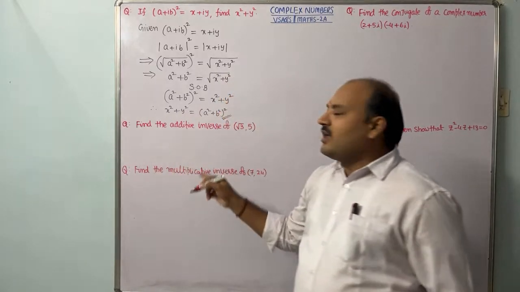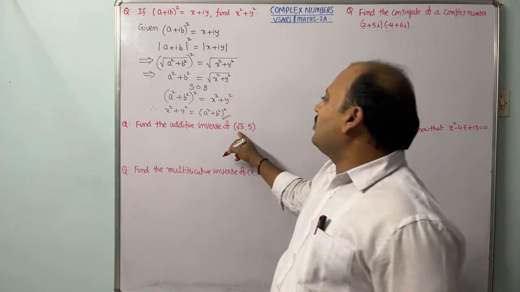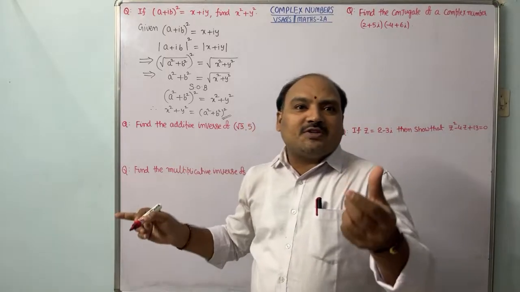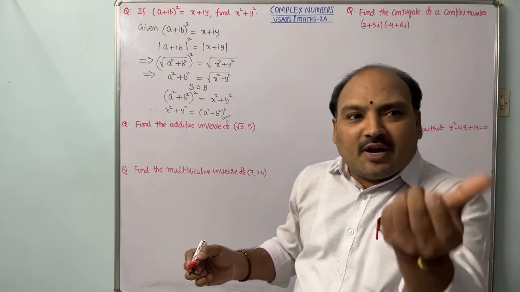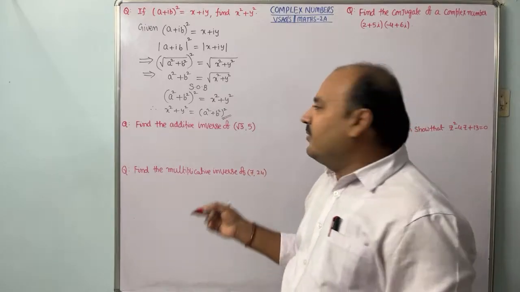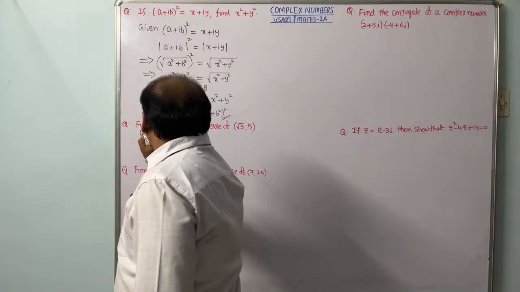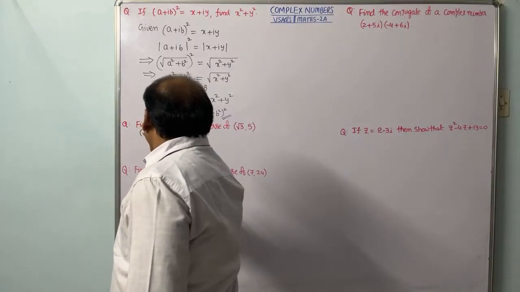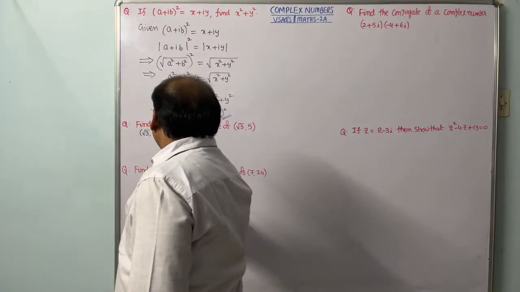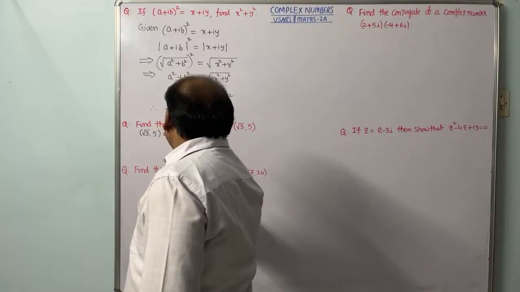Next, find the additive inverse of (root 3, 5). First, write the given complex number in the form a plus ib. It is a Cartesian form. The given Cartesian form (root 3, 5) we can write in complex form as root 3 plus 5i.